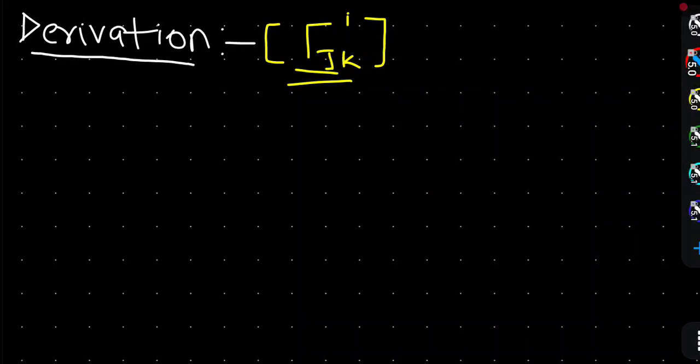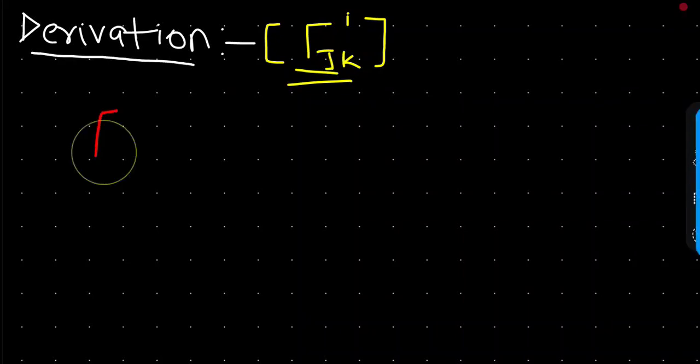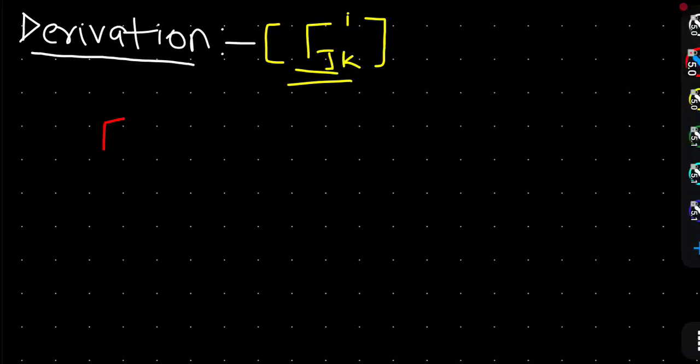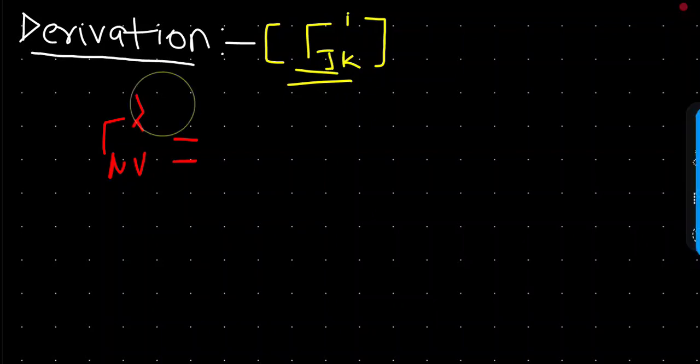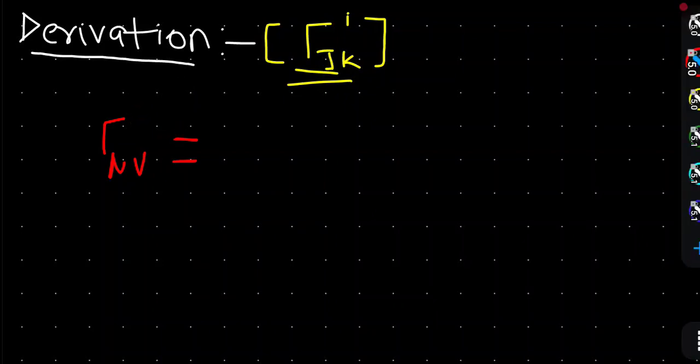So let's say we have the Christoffel symbol. It's denoted by a gamma, I guess you all know that. Suppose I take here lambda, and here mu and nu. Let me clarify the meaning of this symbol.